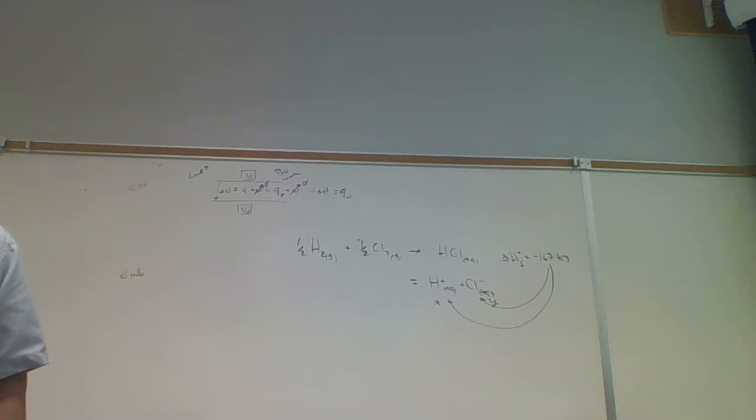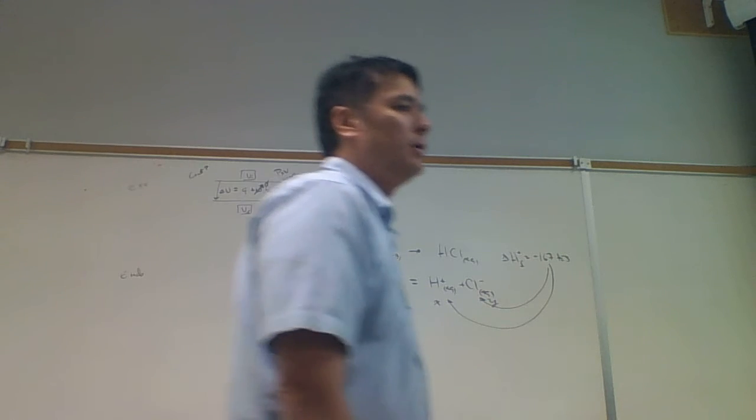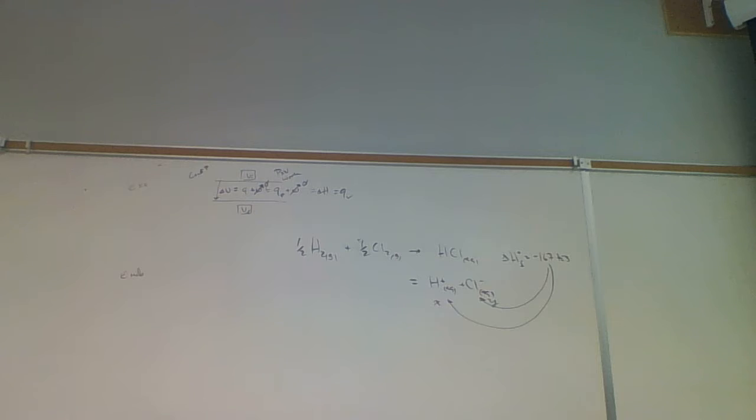If you don't know Appendix D, then you might compare numbers like this. You might go, hey, iron is 0, but iron 2 plus is minus 89.1, so iron 2 plus is much more stable than iron.